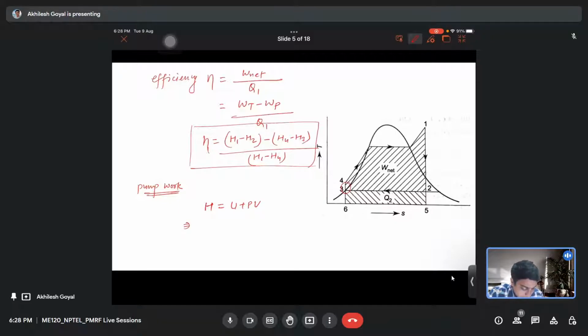So the change in enthalpy from point 3 to 4, because this pump work is being done from point 3 to 4, dH is equal to du plus PdV plus VdP, okay.